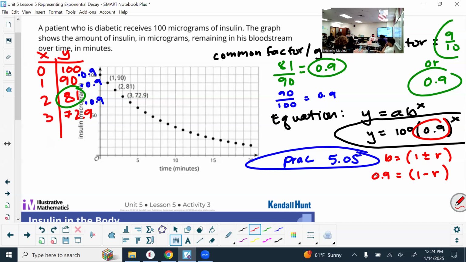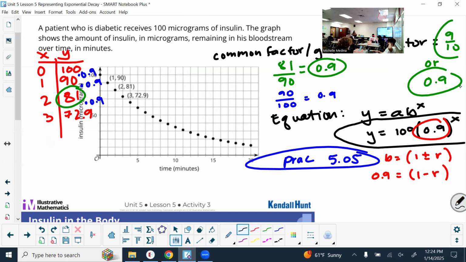So it's losing 0.1 of its original value. It's losing 10% each time. So instead of figuring out what 10% of 90 is and then subtracting it from 90, I'm just multiplying by what it's keeping.